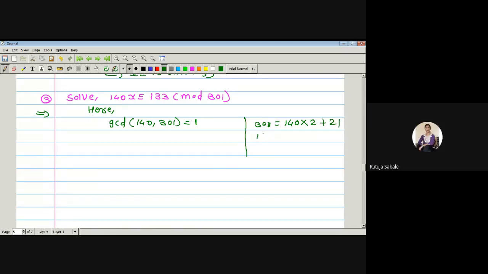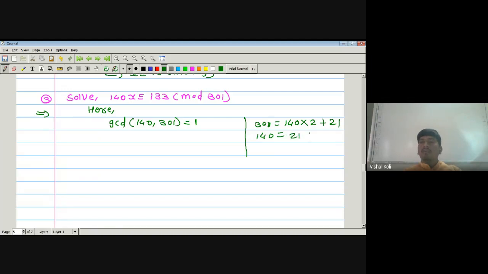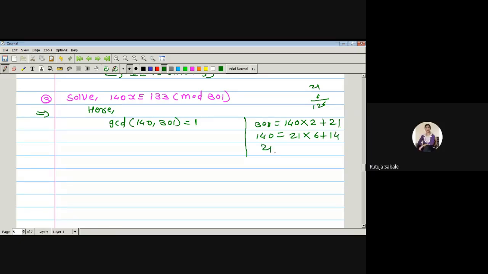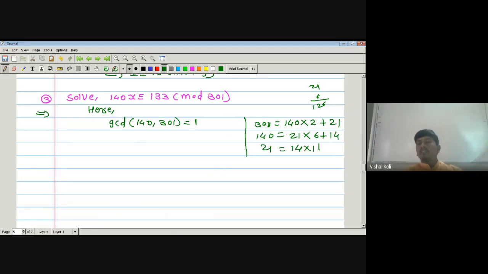Now 140 is 21 into 6 plus 14, since 140 minus 126 is 14. Then 21 equals 14 into 1 plus 7, and 14 is 7 into 2 plus 0.